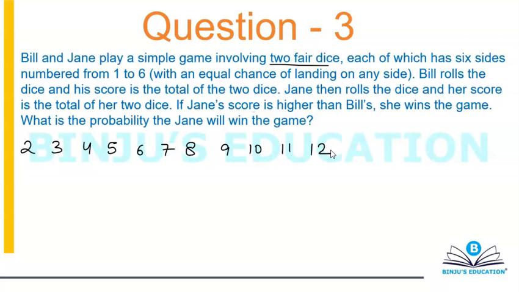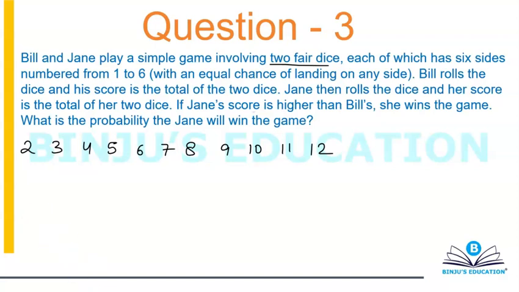So first, let's understand that for individual outcomes, what is the probability? If we are getting 2 as our outcome, then as far as 2 is concerned, there is only one possibility: you will have 1 and 1. You need 1 on the first die, and you also need 1 on the second die.